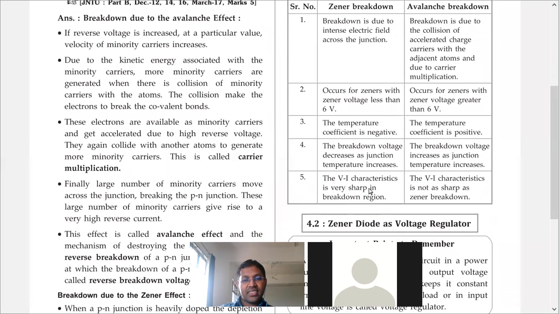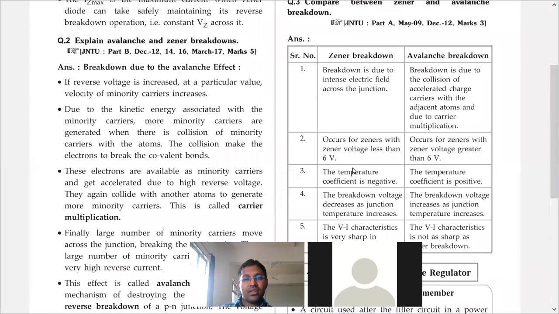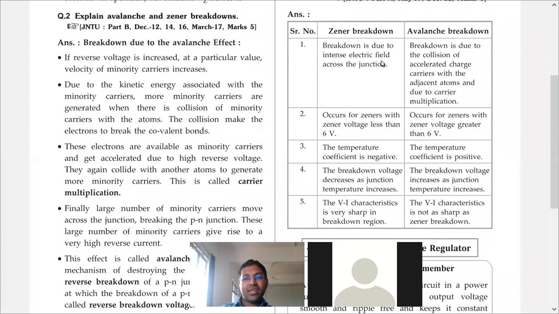The IV characteristics is very sharp in the breakdown region for Zener breakdown, whereas for avalanche breakdown, the IV characteristics are not as sharp as Zener breakdown.